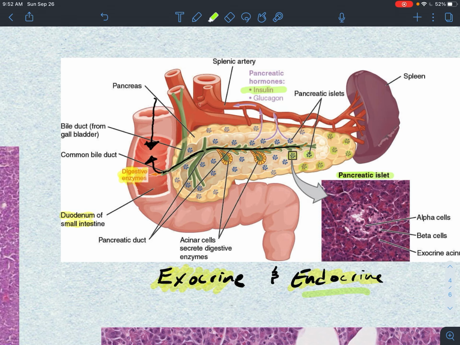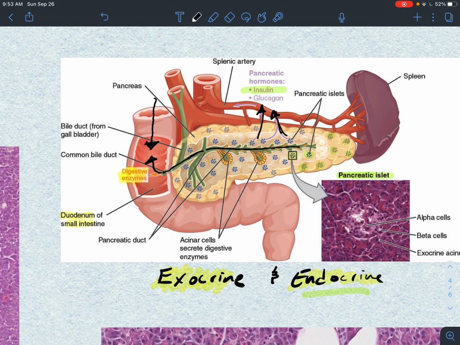So insulin, right, when you've eaten a meal and your blood sugar goes up, that insulin gets released by the pancreas, and in this case, notice where it's going, right? It's going into the bloodstream, right? That is the definition of a hormone, is that it goes into the bloodstream, and that chemical can have an effect far away from that site of secretion, right?